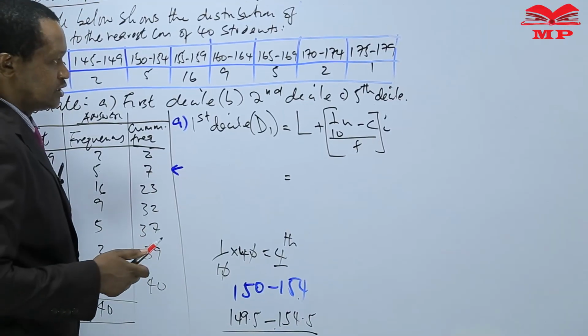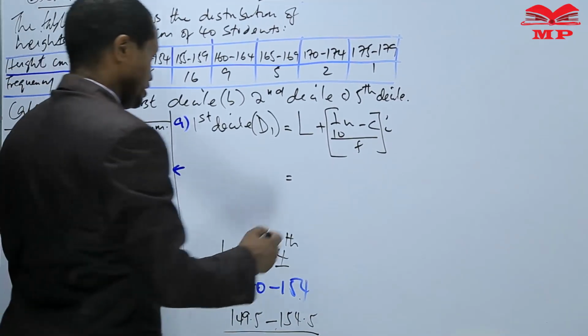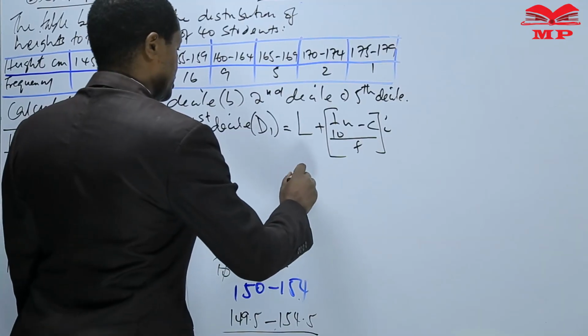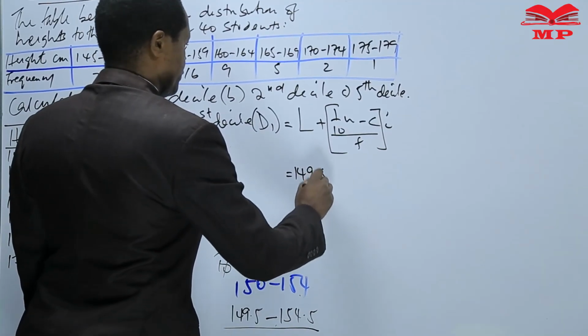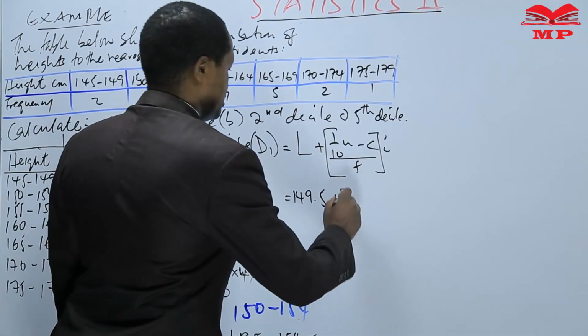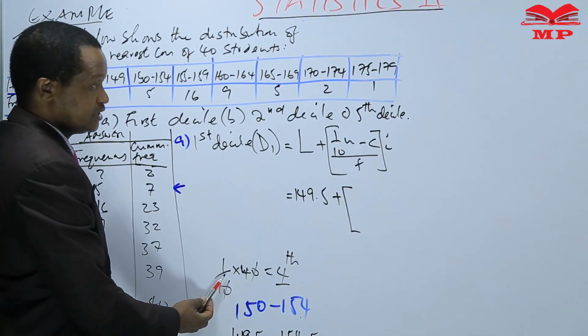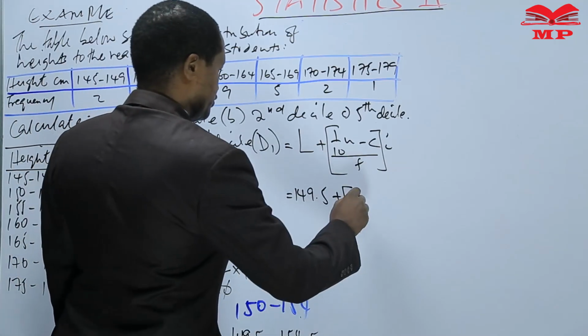Now, we have the lower class boundary, 149.5. Then we add 1/10 n, which we calculated to be 4.